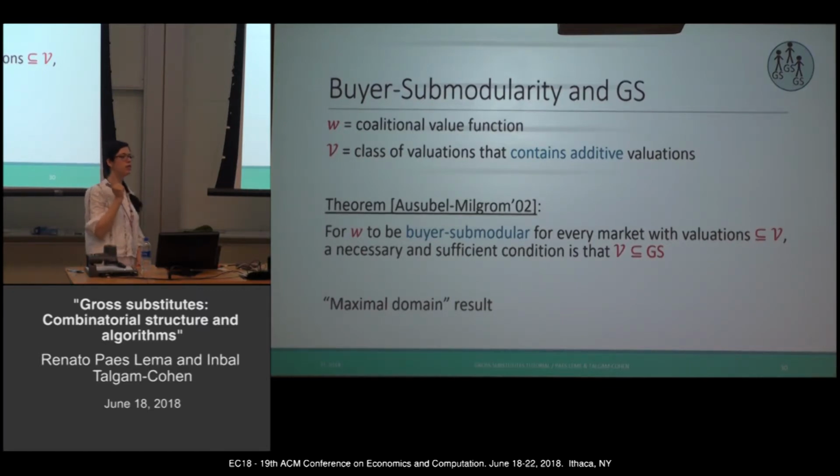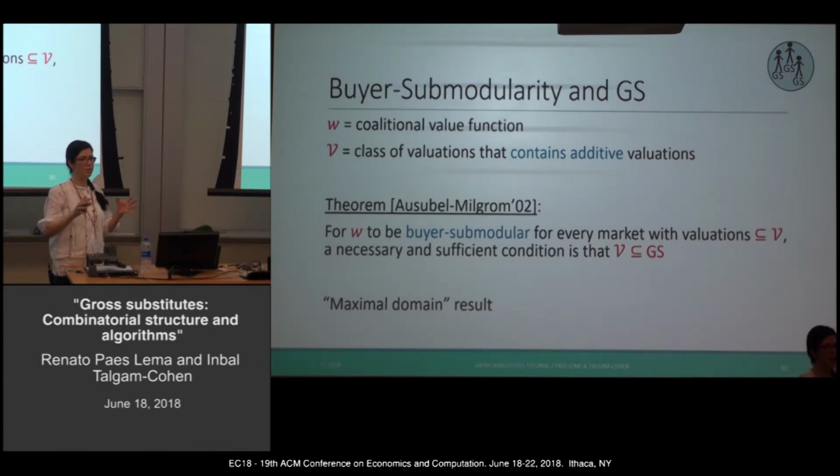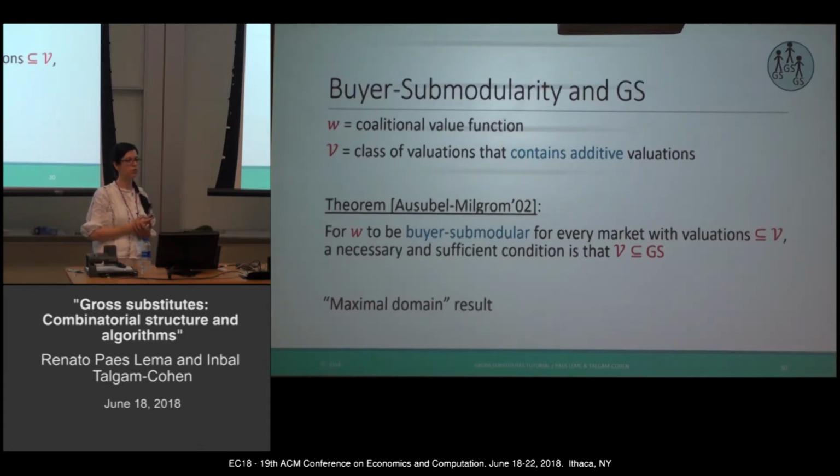If there's even one valuation that's not gross substitutes, I can take additive valuations and create a market in which the coalitional value function will not be buyer submodular. Okay, so any questions about the statement?